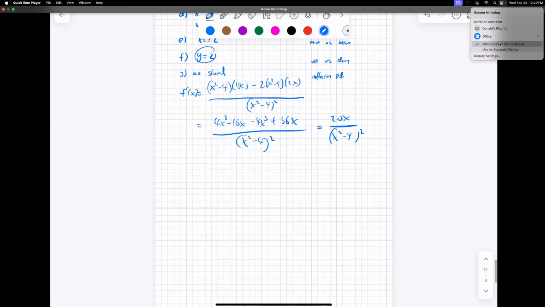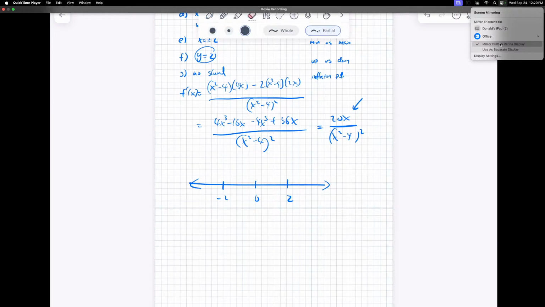Then I need to do a number line test. You have to make sure the number line test is not only on the top. Bottom equal to 0 too, because at a vertical asymptote, the increasing and decreasing might switch. So you have to include all critical points, even if undefined. Does that make sense? You will have negative 2, 0, and 2. It's 20x over x squared minus 4 squared. The bottom is squared, so it's always positive.